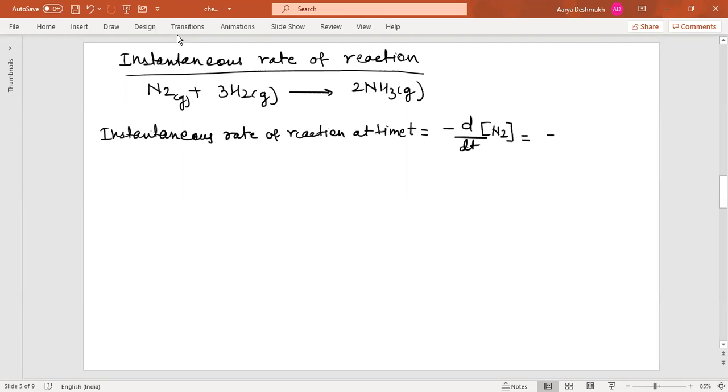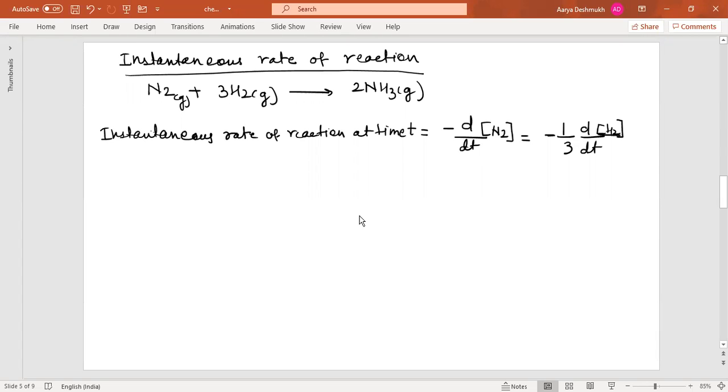minus 1 by 3 d/dt of the concentration of H2. Now by this time, you should be able to understand why I am writing minus 1 by 3, because this is the coefficient. And the minus sign means that this many moles of hydrogen are getting consumed. Okay.